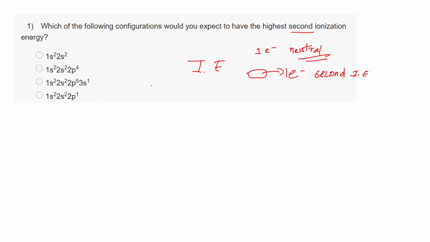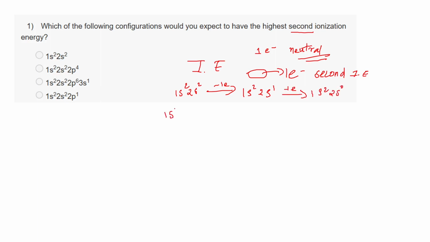In order to find out which one has the highest energy, first we have to remove one electron, then look at the corresponding configuration, then remove the second electron. First is 1s2 2s2. If you remove one electron, it will be 1s2 2s1, and if we remove one more electron, it will be 1s2 2s0.